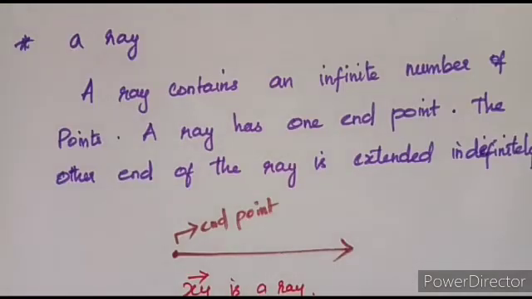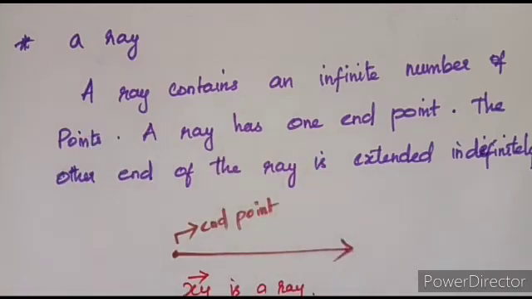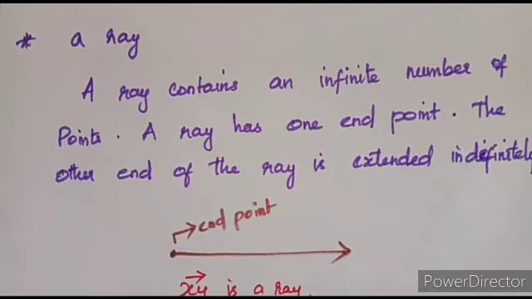Next, a ray. A ray contains an infinite number of points. A ray has one endpoint. The other end of the ray is extended indefinitely. Only one endpoint, the other end is extended indefinitely.